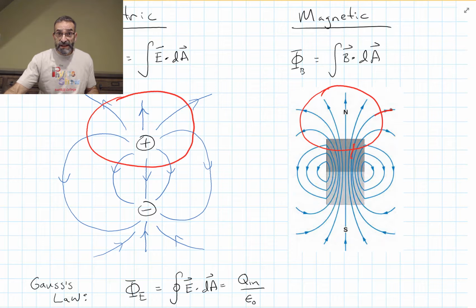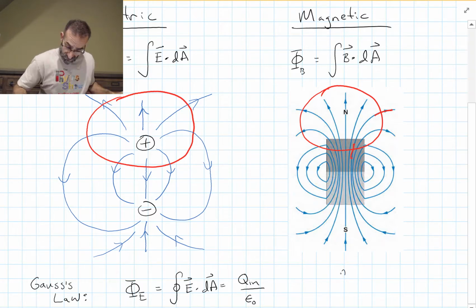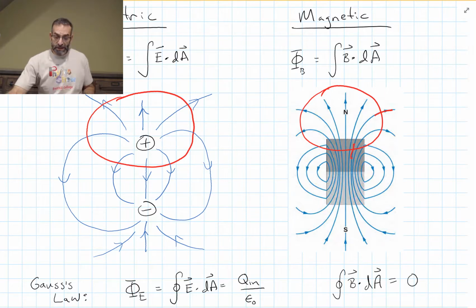That gives us a Gauss's law for magnetism that looks like this. The integral of B dot dA around an enclosed surface is equal to 0. And that's because we cannot isolate a north pole or a south pole. They always come as a pair.